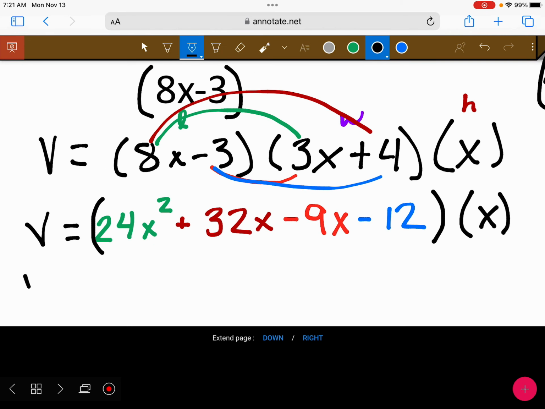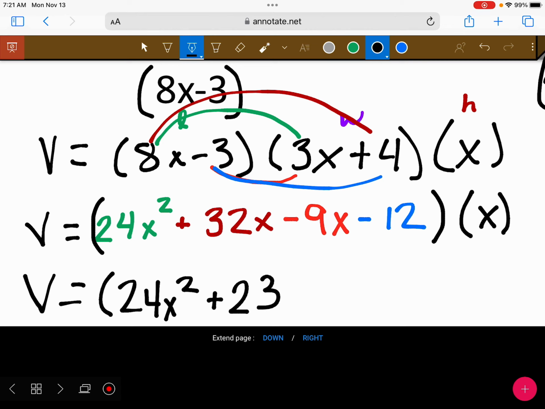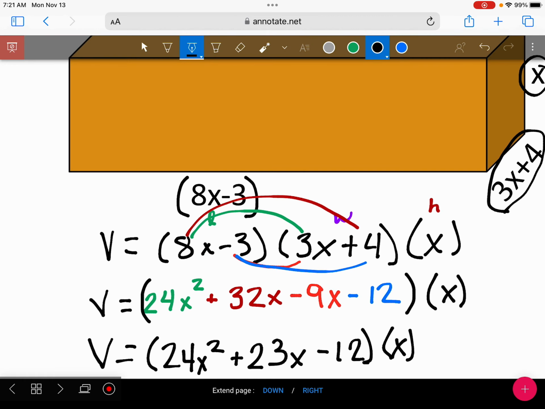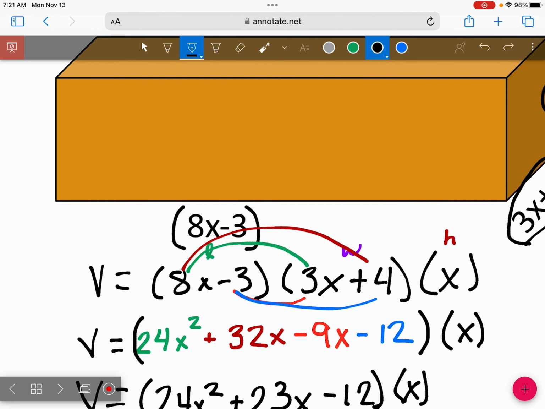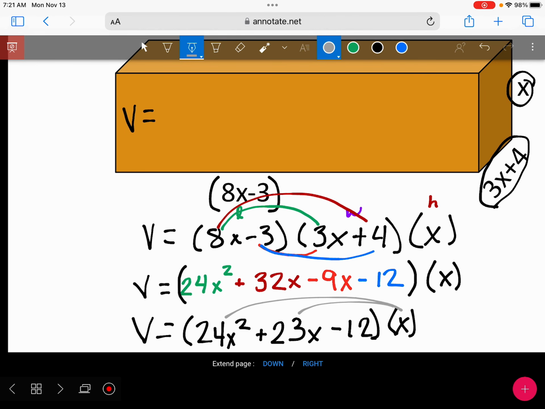From here, we're going to combine some like terms. Our volume is 24x squared. We have 32 minus 9 to get 23x, minus 12, all times x. I'm just going to write it inside the box because it's a big space. Our equation for the volume, we are going to distribute everybody to the x.